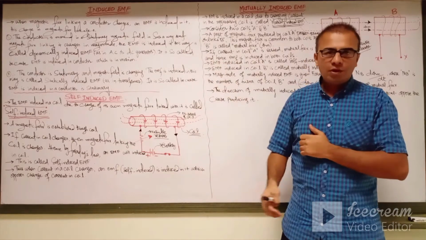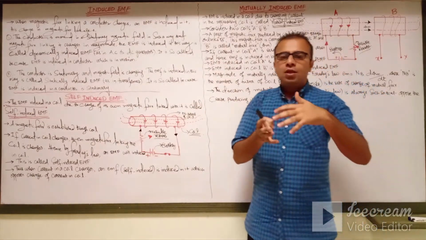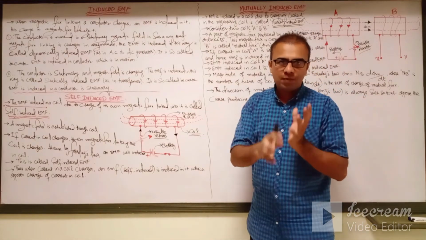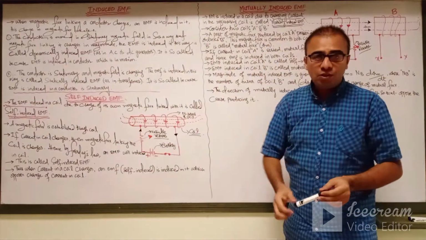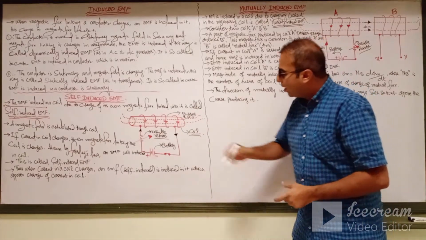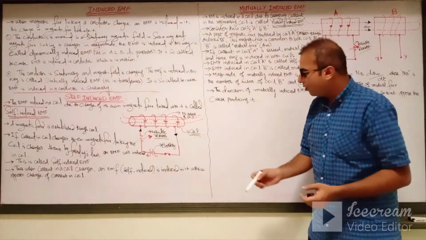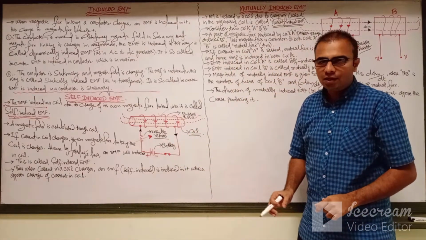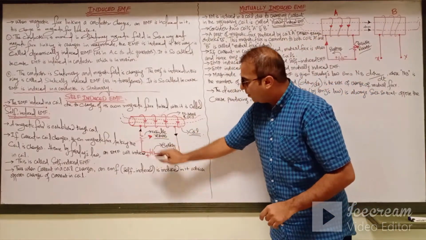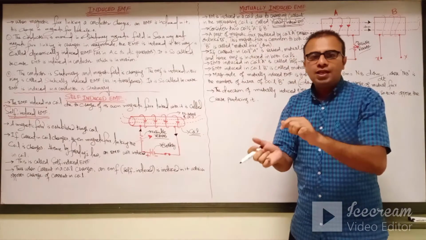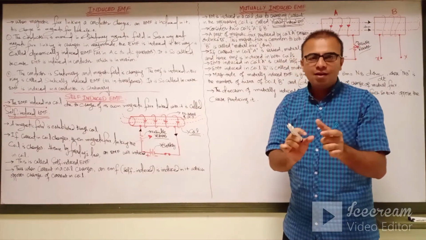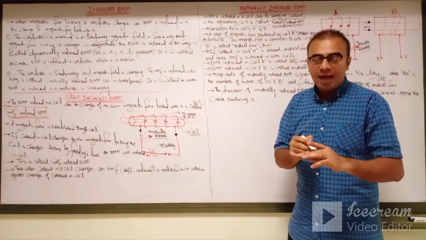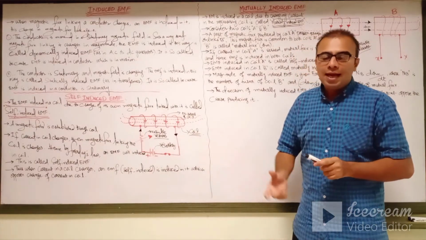Okay, now we are going to describe self induction, as distinct from mutual induced EMF. What is the self induced EMF? As you can see from this diagram, this is a coil which has N number of turns, and you are energizing this coil from any kind of source. A variable resistor is used to increase or decrease the amount of supply current, and you can easily change the magnetism effect in the coil.